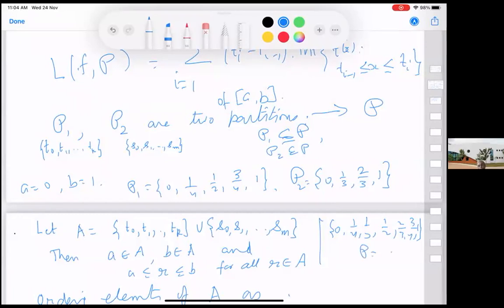So when you have a partition, what is the notion of a finer partition? Finer partition means it is all this and more. We are not deleting anything, we are adding more points to it. That's it. That is finer partition. Okay. And given two partitions, we can always create another partition which is finer than both of them. Okay.